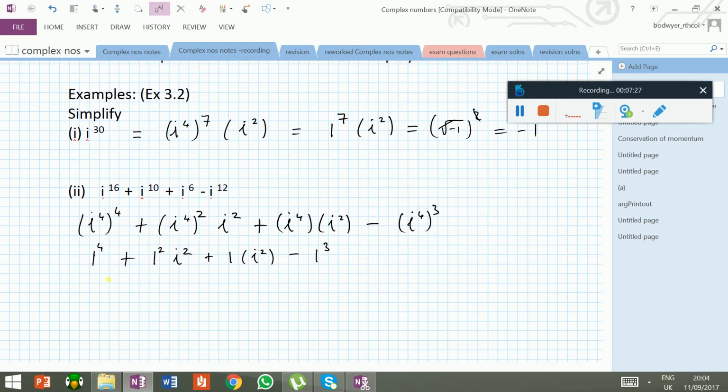And again, 1 to the 4 is just 1. 1 squared is just 1 i squared, and you still have another 1 i squared, minus 1 cubed is just 1, and you have 1 plus, now don't forget i squared just from up here is equal to minus 1, so this becomes minus 1. This is another minus 1, and you have another minus 1, so you have 1 minus 3, which is minus 2, and that's your answer.